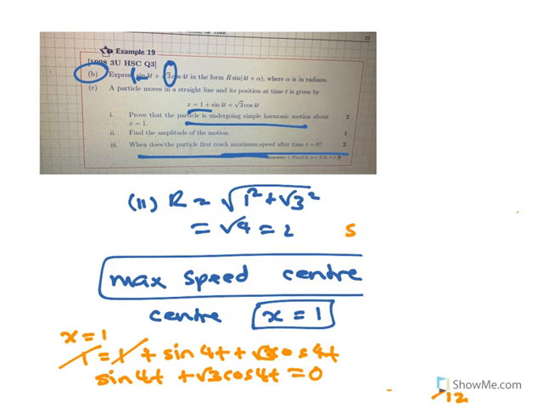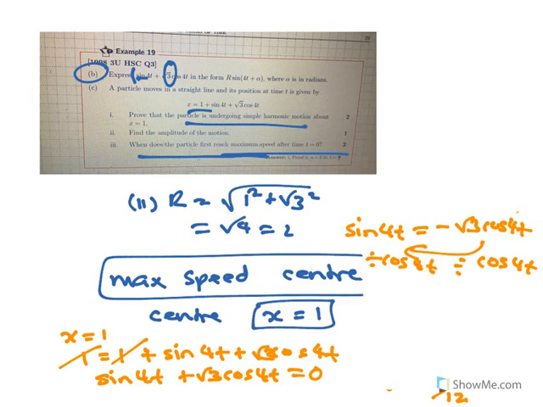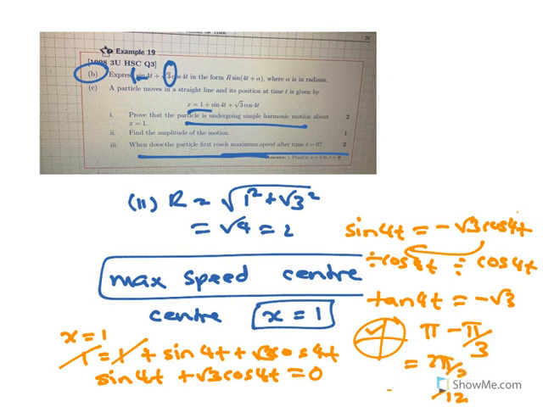Then when you divide both sides by cos 4t, you create a tan. So you get tan 4t equals minus root 3. Tan is negative there, so that's why it's pi minus 60. So pi on 3, so it's 2 pi on 3, but it's 4t this time. So t is 2 pi on 3 divided by 4, which is just pi on 6, which gives you the same solution.